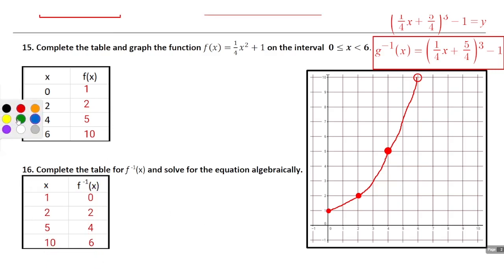And maybe I'll plot this one in green just to make it look a little different here. All right, now this 1, 0 should be an open circle like we had on the original function.